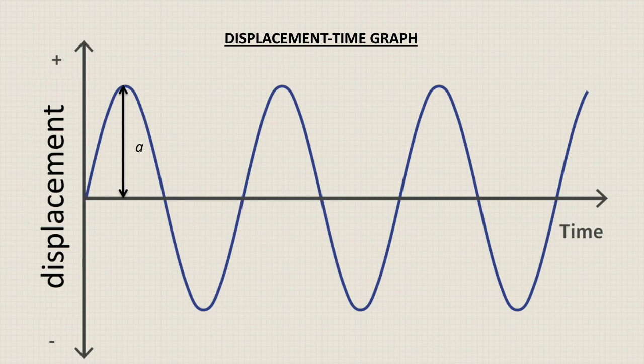When this wave moves forward in time t, it produces the displacement time graph. The time period over here is from this point to this point, where the wave is completely produced, and that time taken is called the time period, which is represented by capital T. This is how we represent a displacement time graph for a wave.